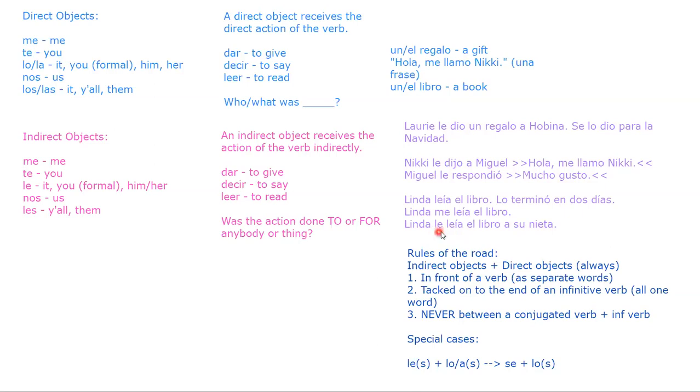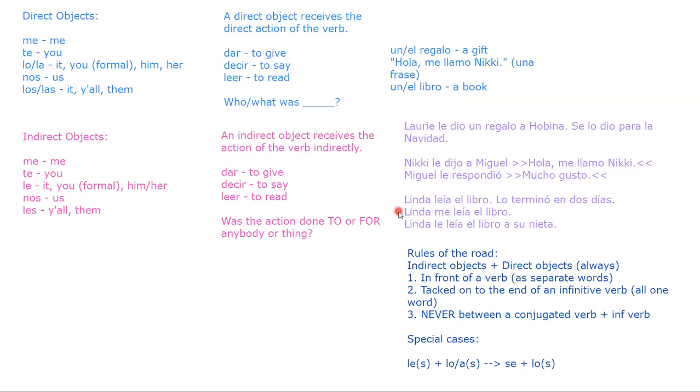I'm always going to have the le if it's done to somebody else, but I'm also going to clarify who that somebody else is if I need to. So I say "a su nieta," to her granddaughter, and her granddaughter is a singular her, so I've put the le in there also. And just in case you're wondering, I know this sounds like alliteration because it is, "le leía," but it is not an indirect object followed by a direct object. So this le stays exactly the same.